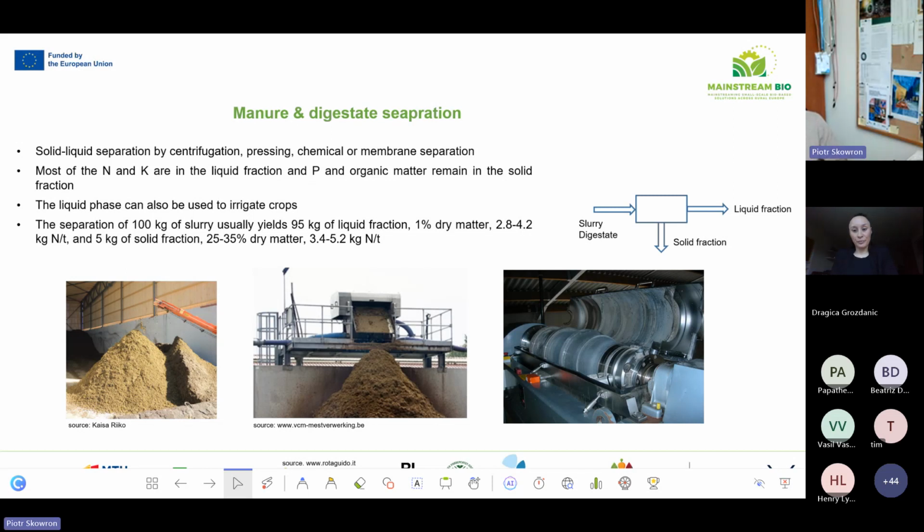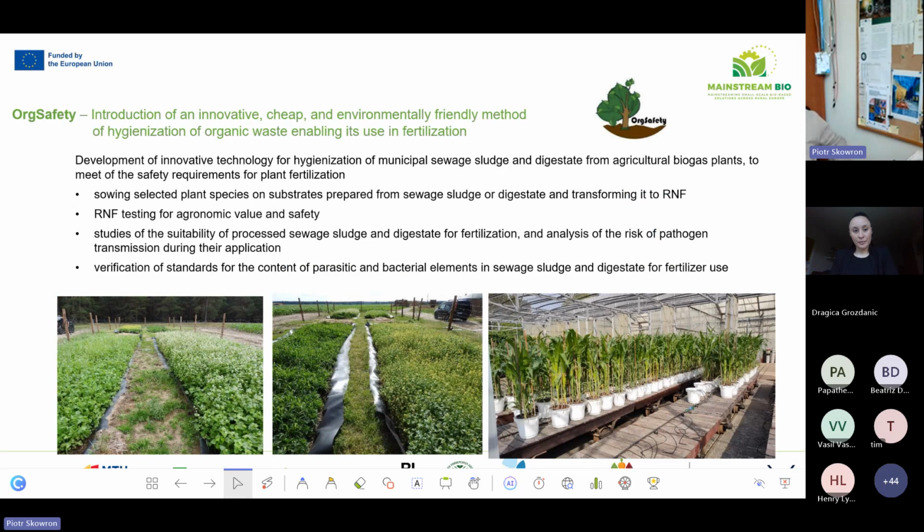I'd like to present you a few projects. Besides my Mainstream Bio project, we take part in different projects strictly connected with nutrient recycling. For example, one of our projects is Org Safety, the introduction of an innovative, cheap and environmentally friendly method of hygienization of organic waste.